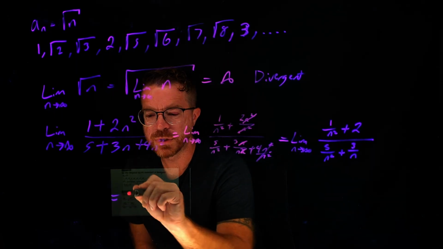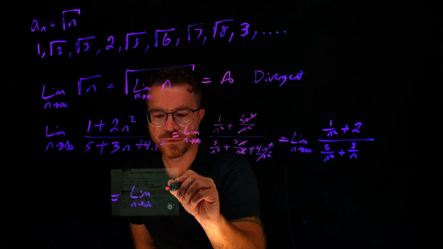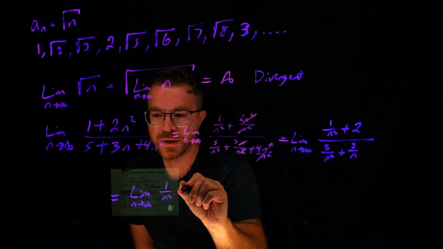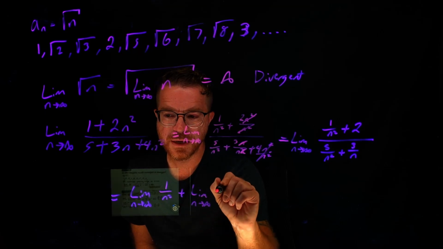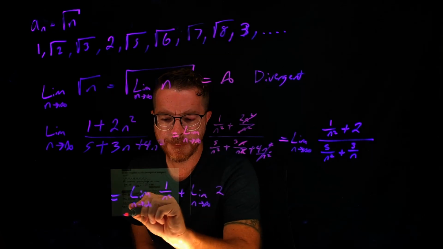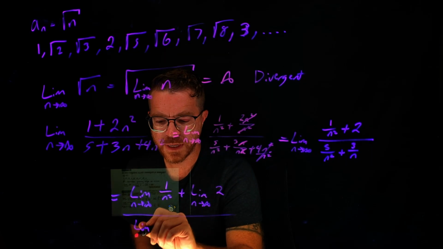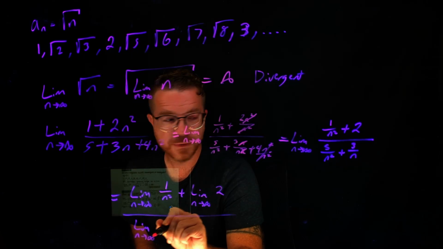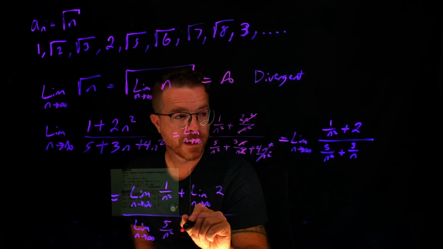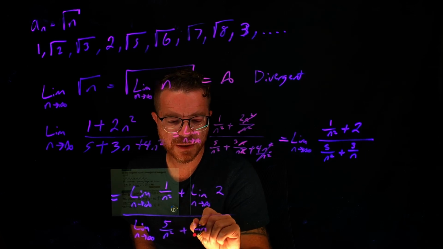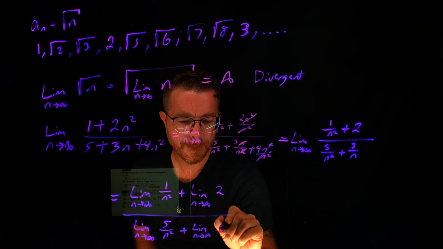This is going to be equal to the limit as n approaches infinity of 1 over n squared plus the limit as n approaches infinity of 2, divided by the limit as n approaches infinity of 5 over n squared, plus the limit as n approaches infinity of 3 over n.